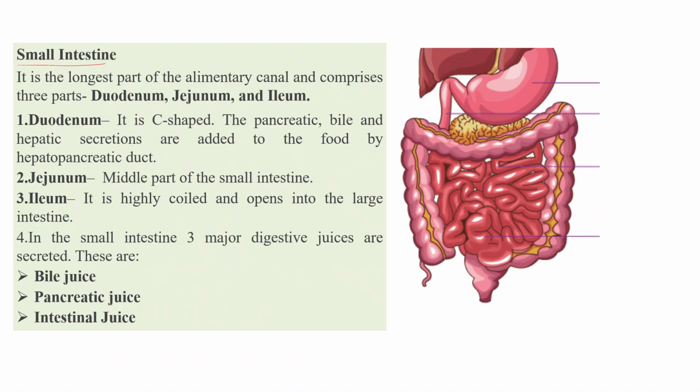The small intestine consists of three parts: duodenum, jejunum and ileum. So this is the duodenum. The duodenum is C-shaped, its structure is shaped like a C, and the duct from the pancreas and the bile secretions from the liver are added to the food through the hepatopancreatic duct.